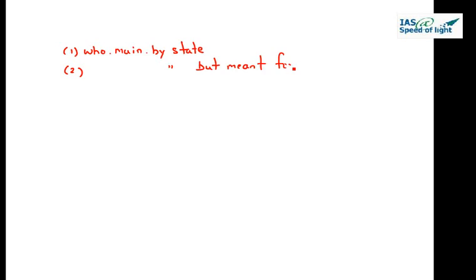And third, those institutions which are recognized by the state or receiving aid from the state. So this article said wholly maintained by the state, no religious instructions.